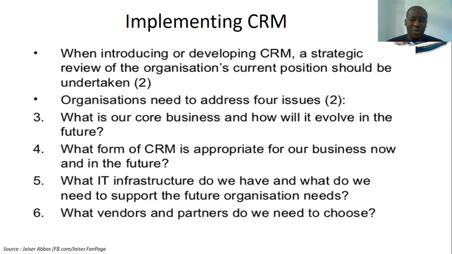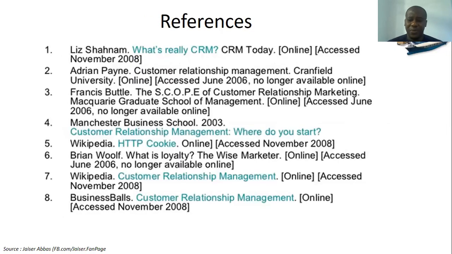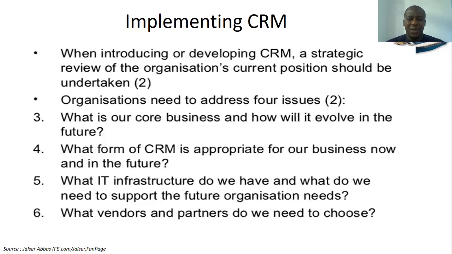We'll also be looking at the kind of IT infrastructure that they would have to put in place, and if they need any future support for that strategy. So you look at the overall IT infrastructure, whether it could be supported, because you'll be using a database. Either you're going to purchase maybe space on the cloud, or you want to maintain an on-premise database. And the other question is, what vendors and partners do you need to choose?